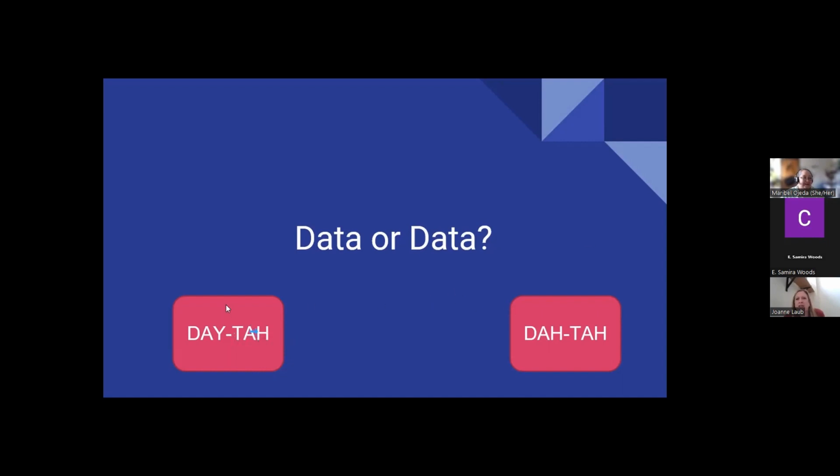I got one data. I got two datas. Who says data? Oh, data. Excellent. It looks like our group mostly says data. Oh, we got one person that says data. I just thought that was a fun activity to get us started. Hello, I click both because I say it sometimes.